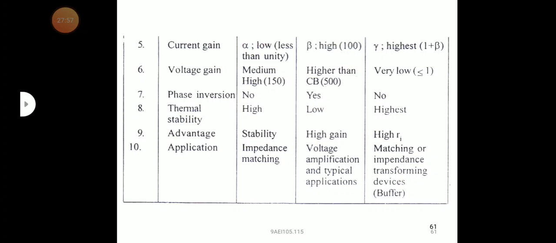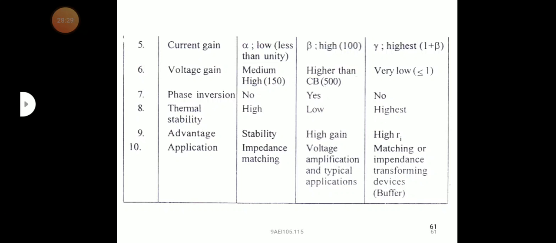We can use the common base and common emitter, but more preferably we use the common emitter configuration. Regarding phase inversion, in the common base we don't have any phase inversion, that is if we give a signal, the output signal is also in phase with the input.